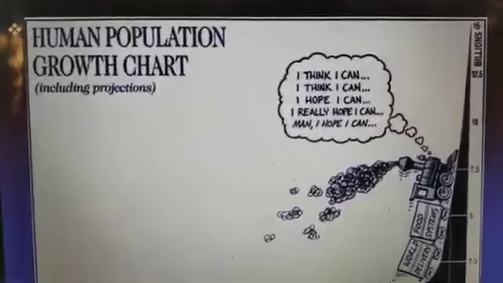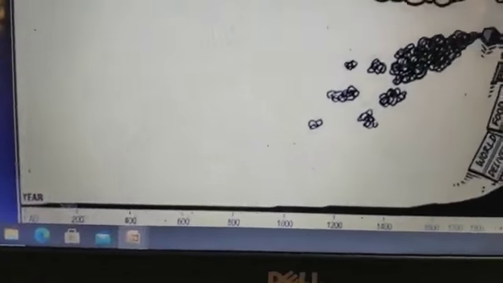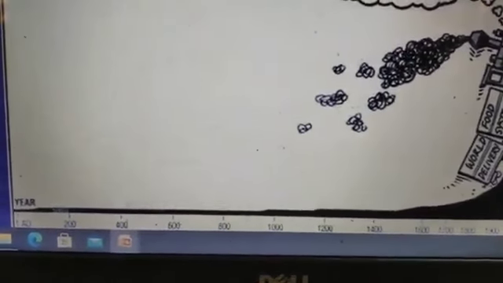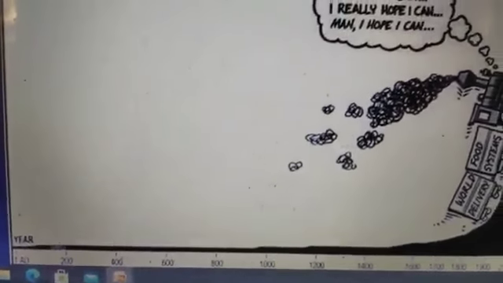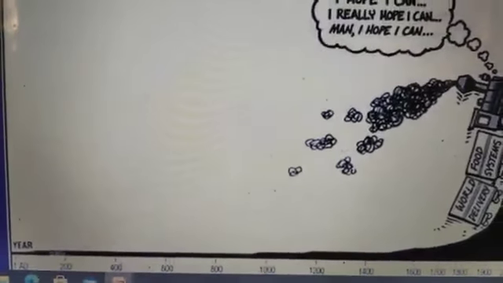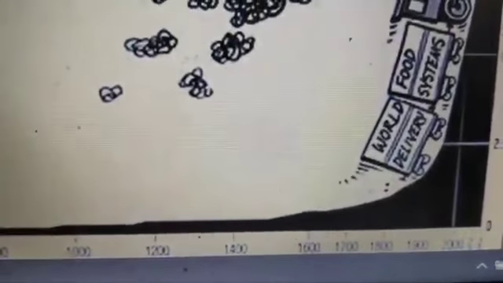Because in this human population growth chart, you can see on the x-axis, earlier in the beginning of humanity, there was no population problem, there was no land problem, and this world food delivery system train was running very smoothly till the end of the 19th century.